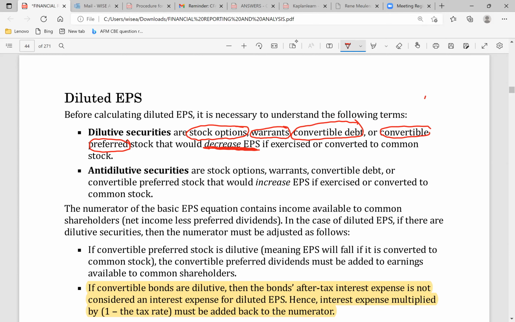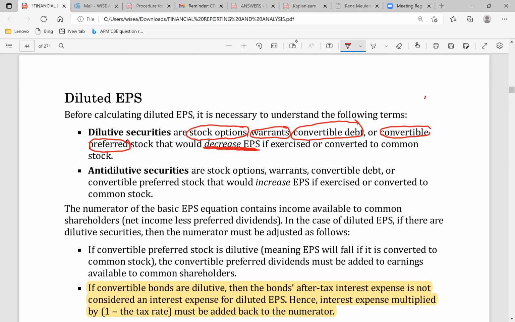So if by conversion any of these instruments are likely to increase your earnings per share, then we say these are anti-dilutive, and therefore you don't include them in your diluted earnings per share calculation. Are you getting the point? The diluted earnings per share is supposed to be naturally lower than the basic earnings per share.